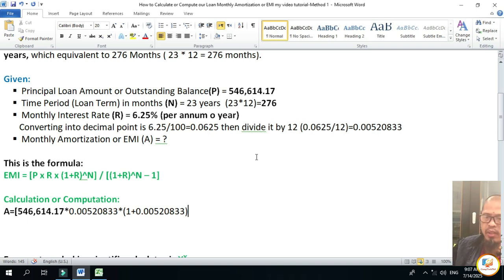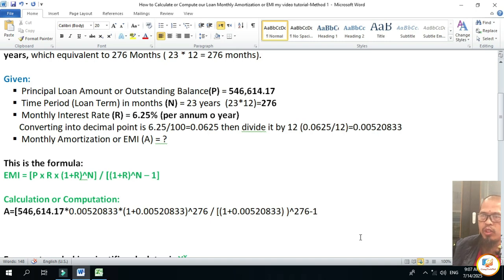Then divided by open parenthesis 1 plus, again our rate is the same, close parenthesis to the exponent of 276, minus 1.